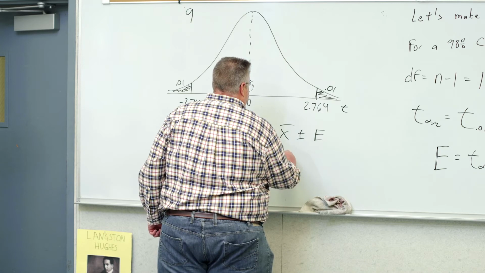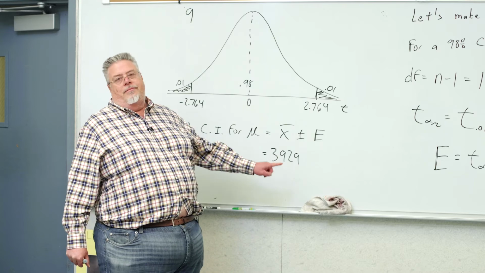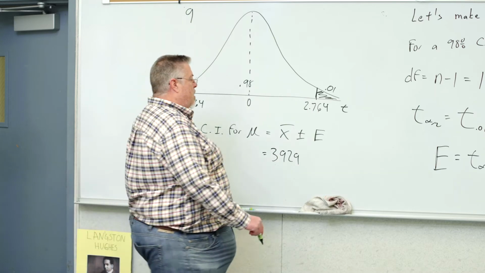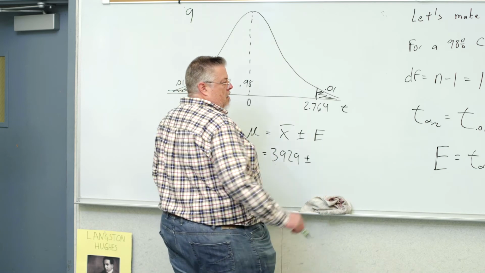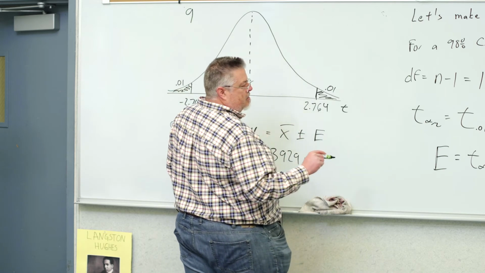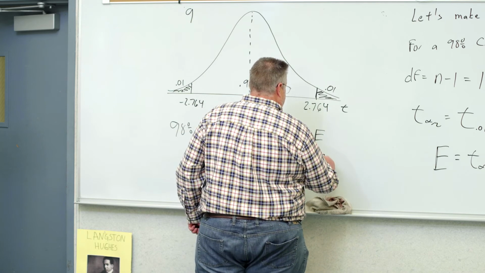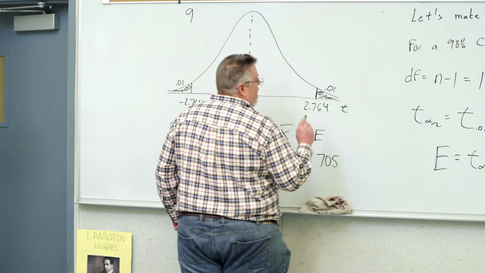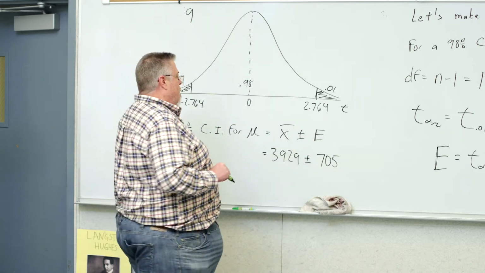So I think this is 3929. If not, put in the appropriate number, plus or minus whatever E is. I, at this point, am going to make something up and say it's 705. Again, that's not right. You've got your E over there.